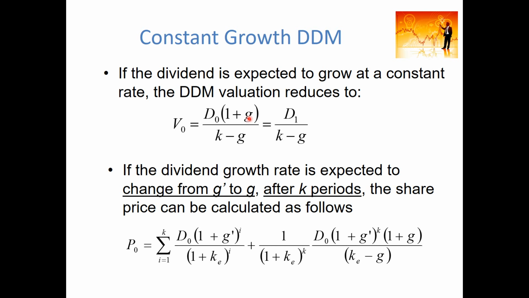Where we have multiple dividend growth rates, the valuation model is slightly different. Basically, during the initial period of high growth, we would take the present value of each of those dividend amounts. Let's say that there were 3 years in which we expect the dividend to grow at a significant rate. We would take the present value of each of the dividends separately and take their sum.